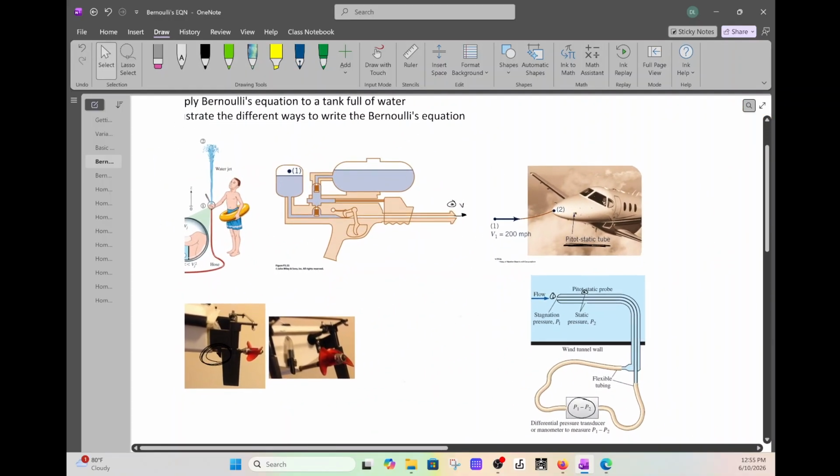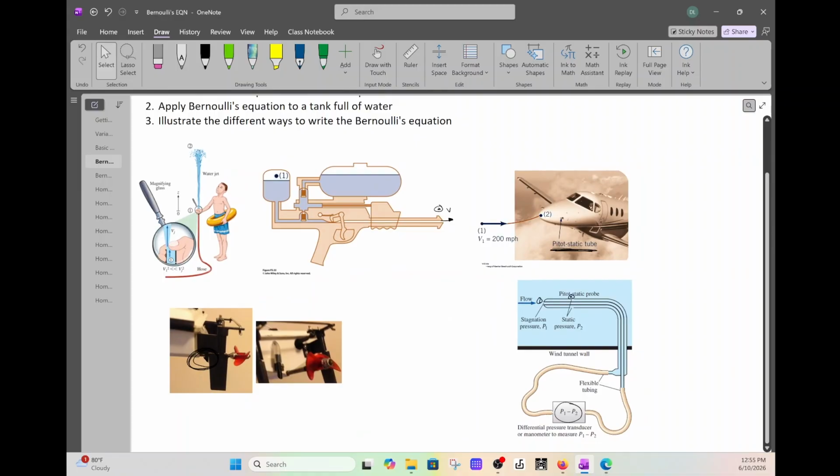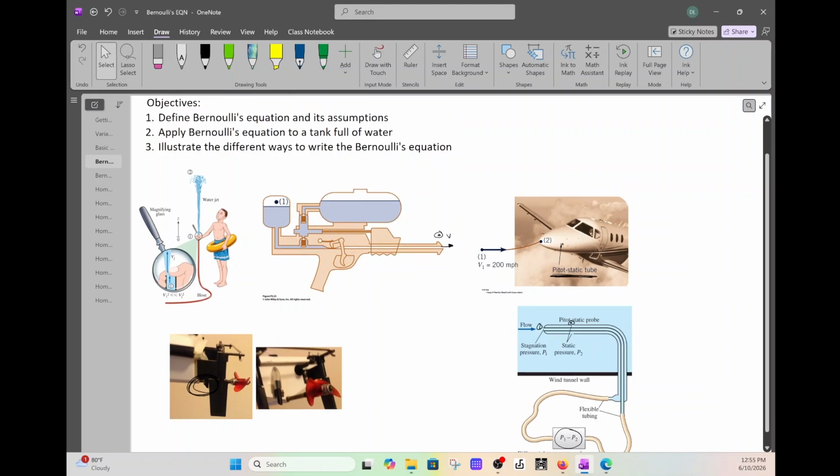Okay, so again, we're dealing with fluids, which is liquid or a gas, and they have their own energy. Okay, and when we're dealing with Bernoulli's and energy, we're only focusing on, like, there's no temperature differences, there's no friction, it's steady flow.